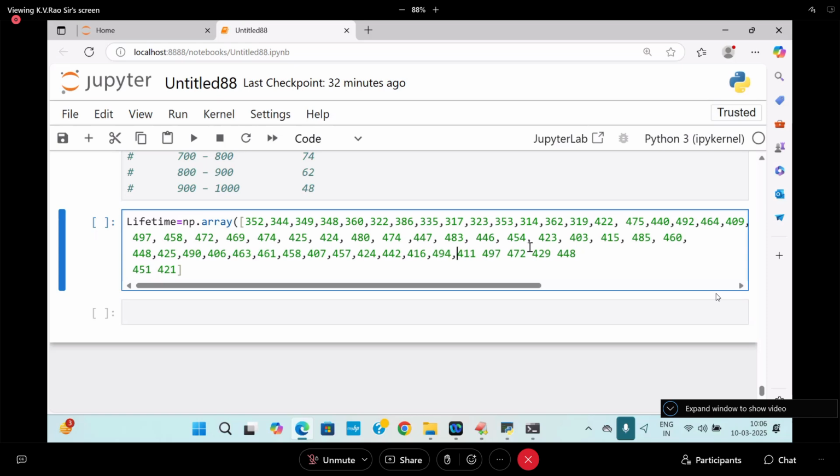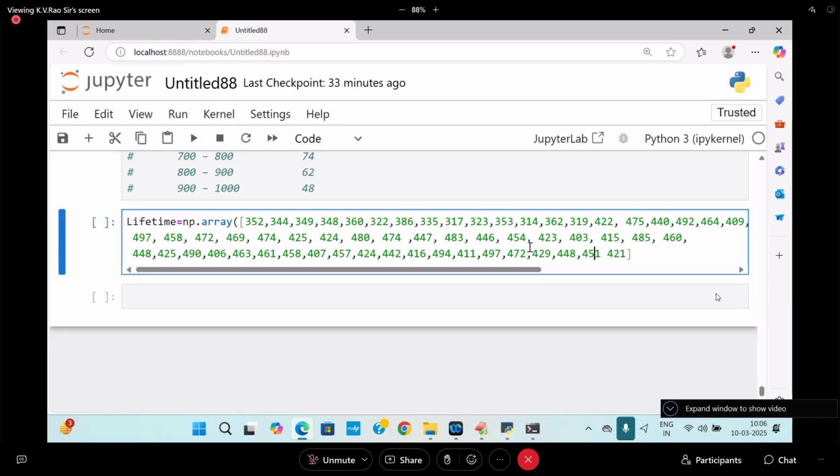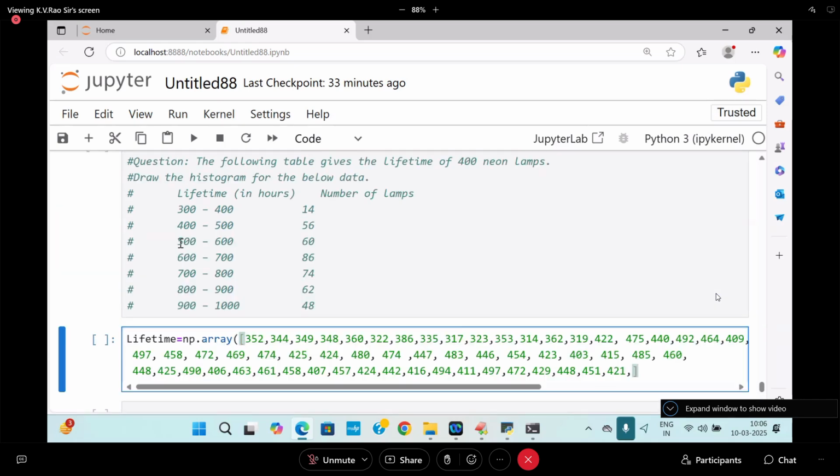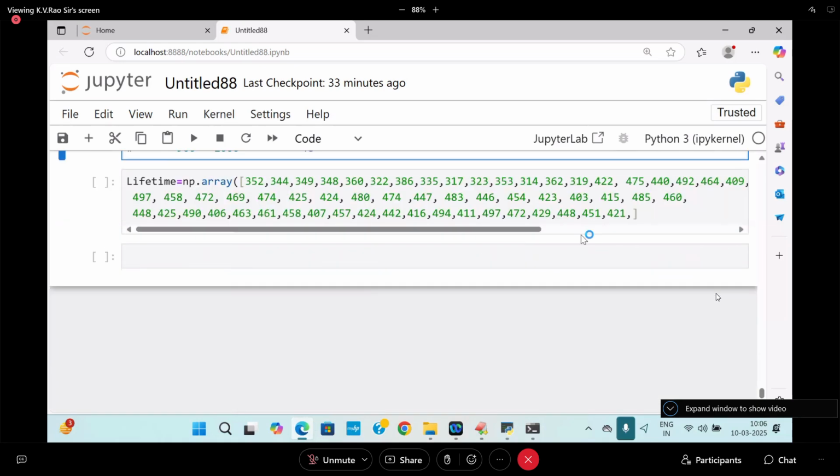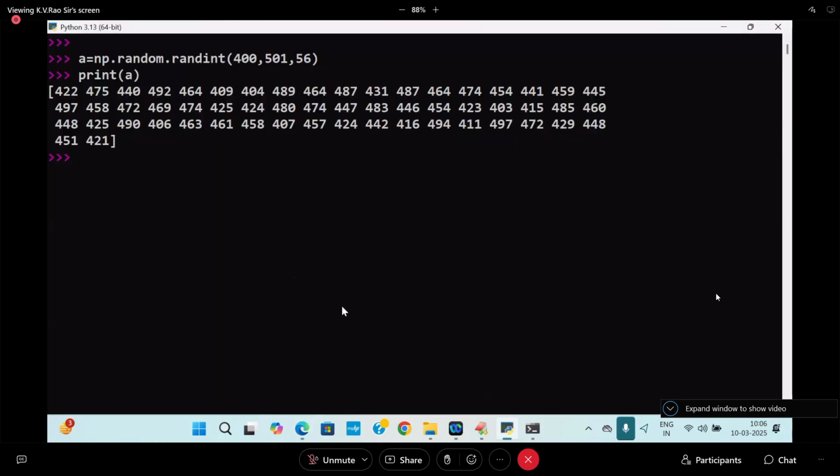So I wrote a comma in all the places. Then I need to take one more value. Next, 500 to 601, how many? 60. Like that 600 to 700. Are you following me? If you have patience, I will write it, and of course you need patience because you cannot do anything after going home. So I will do it.